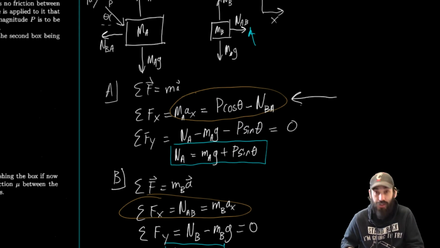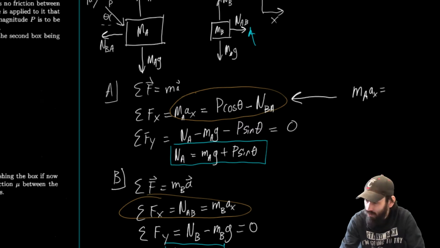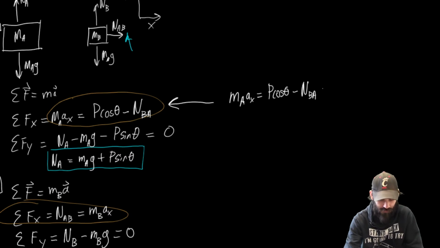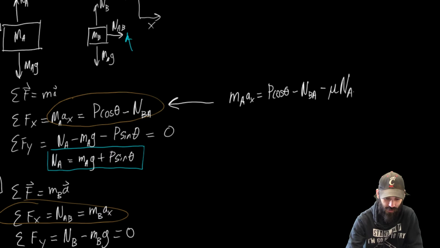A, there's going to be an additional term here because there's going to be a force of friction. So this is going to say that mA Ax is going to be equal to P cosine of theta, we still have that component, minus NBA minus mu times NA, okay?